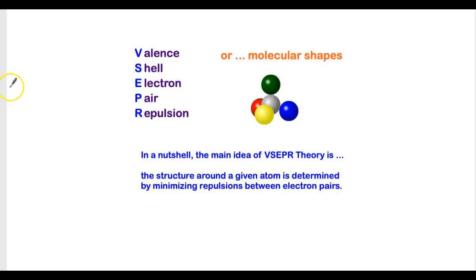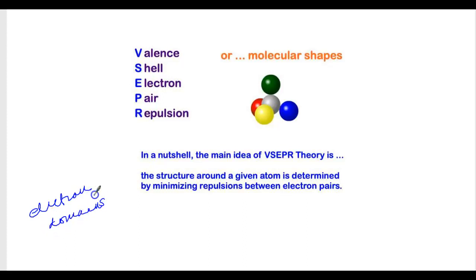So what we have been learning about is VSEPR, valence shell electron pair repulsion theory, molecular shapes. Okay, so for VSEPR, what drives the shape of a molecule is the number of electron domains around the central atom.